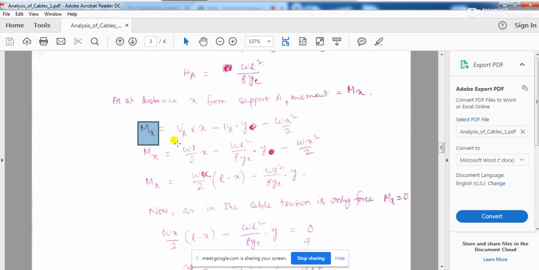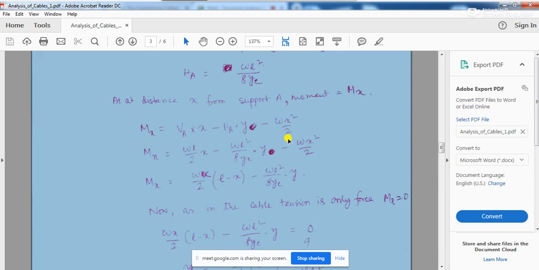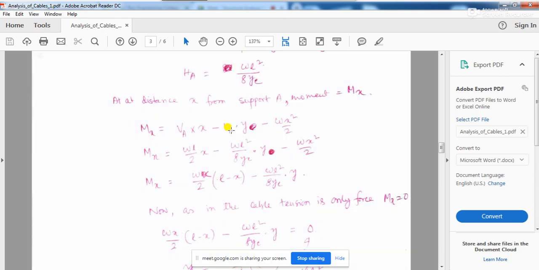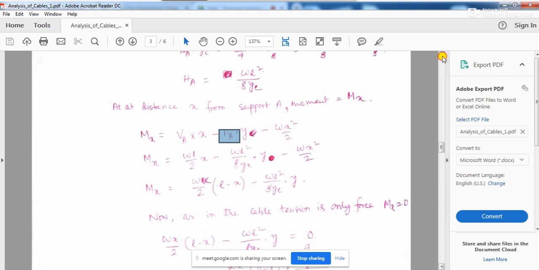It is going to be Va into x. So the vertical reaction is going to create a moment about that point, Va into x, and Va is nothing but WL by 2 into x, and then there is HA. So HA value we have already calculated in terms of YC. So HA is nothing but WL squared by 8YC, and how much moment it is going to create.